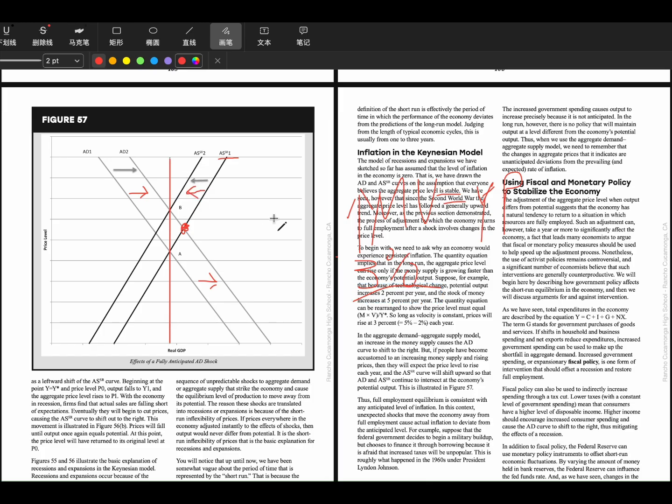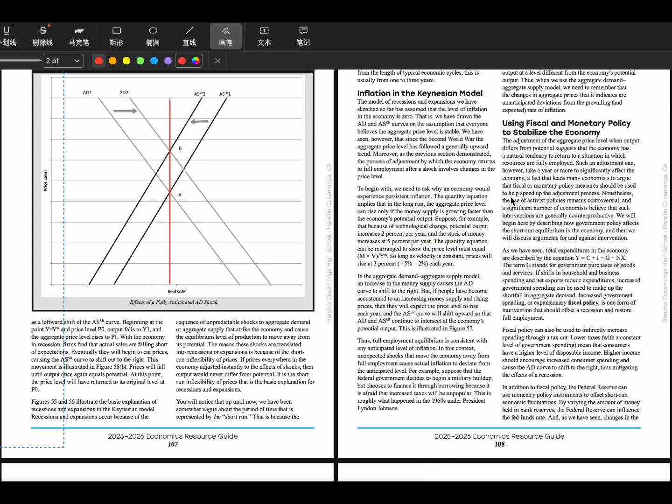Therefore, ASSR will shift backward, back to this long-run aggregate supply. In this case, the price level would increase by 3%, and the increase in money supply would have essentially done nothing. It would just be a 3% inflation, and nothing else changes over here on the aggregate demand aggregate supply model besides the price. That's what this section is trying to talk about.